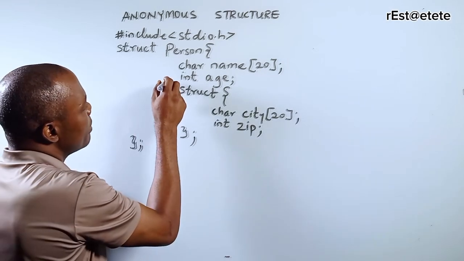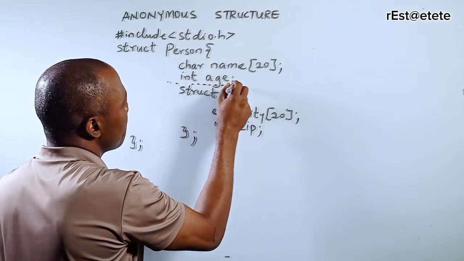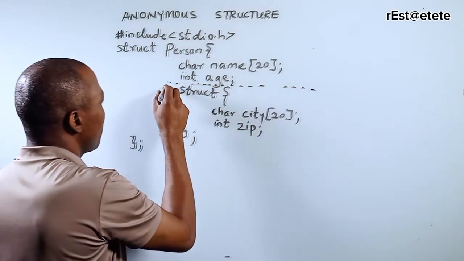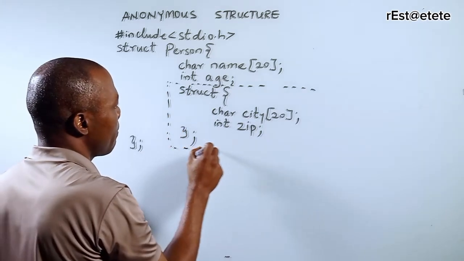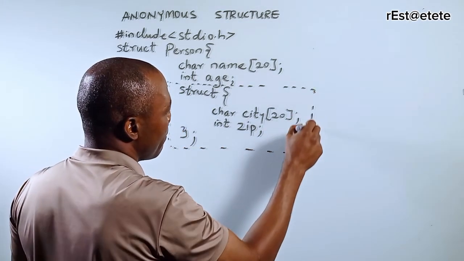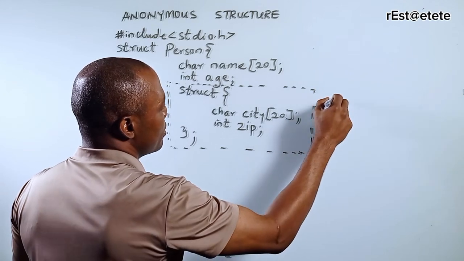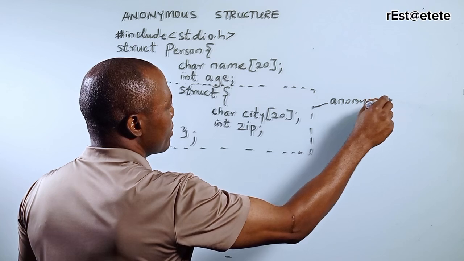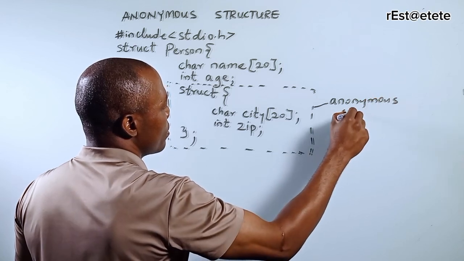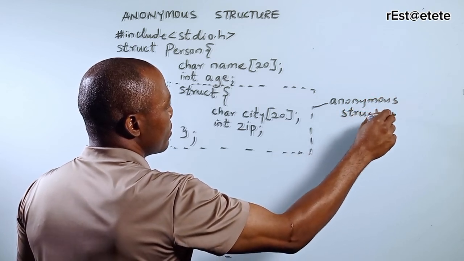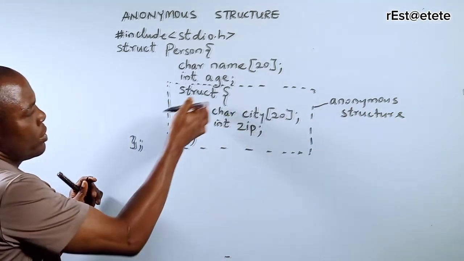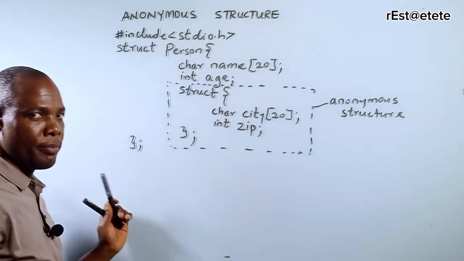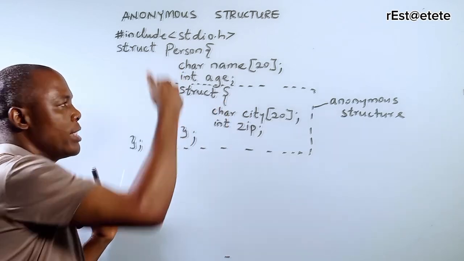This place is the anonymous structure. It has no name, but I'm able to create it inside this.